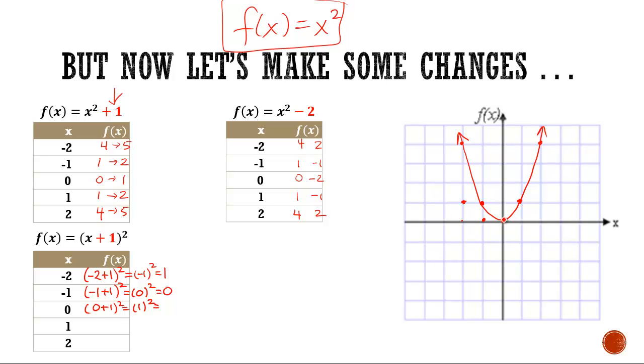So you'll see that at 0, now you have 1. And similarly, the 1 will be 2 squared, which will be 4. And the 2 will be 3 squared, which will be 9. So you can see that it's being shifted to the left by 1.